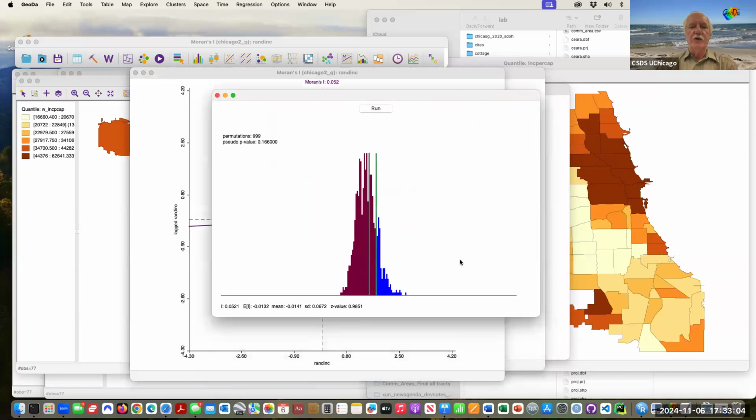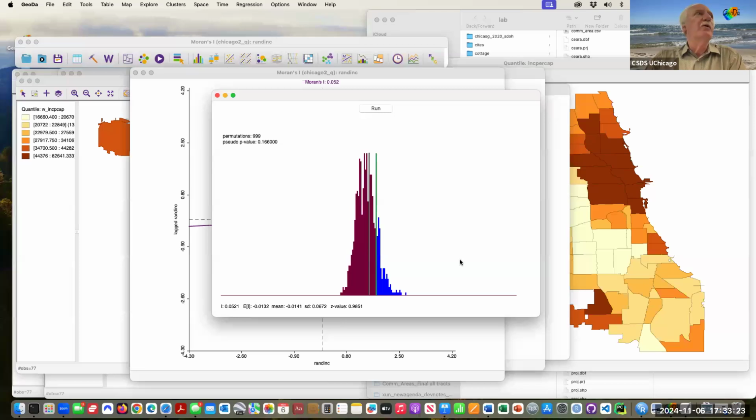Now we get a distribution where almost 17% of the shuffled maps have a Moran's I that's actually larger than the one that we got here, right?